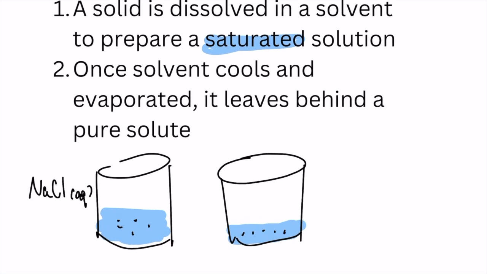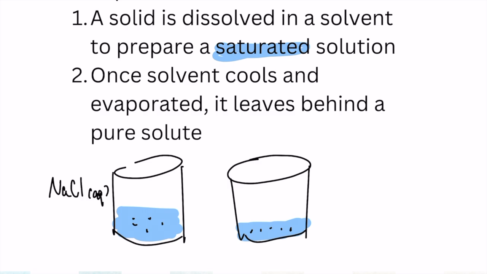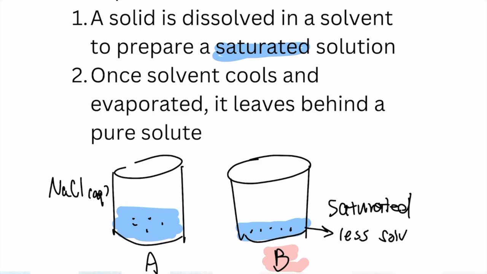So we have beaker A and beaker B. Beaker B would be the more saturated beaker with salt, because for the same amount of NaCl, you have less water, so less solvent in this one, but here you have more solvent.